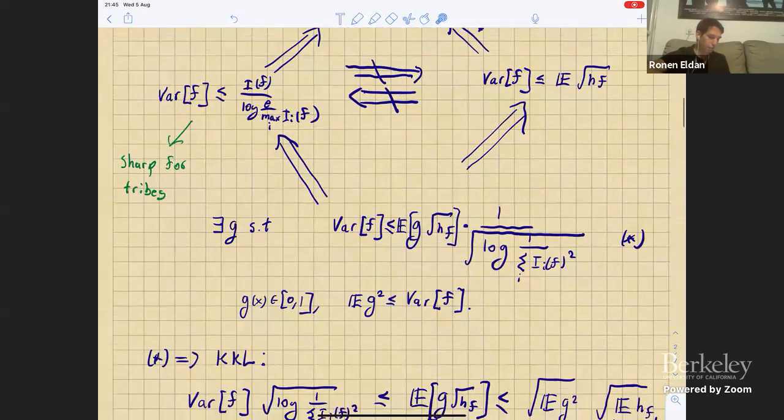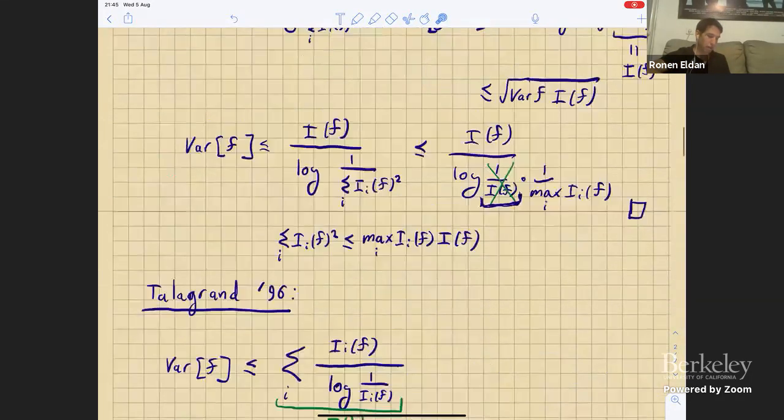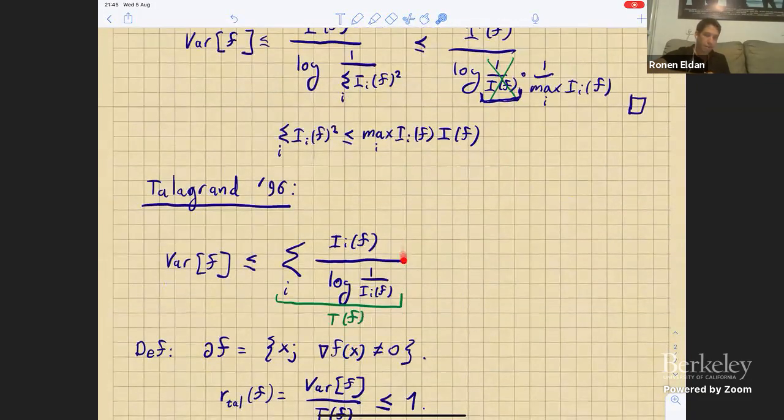I'll try to give you an idea of how to reprove this inequality, this strengthening of KKL, using the pathwise approach, so without hypercontractivity. I think this is the best use of the time we have left. Okay?